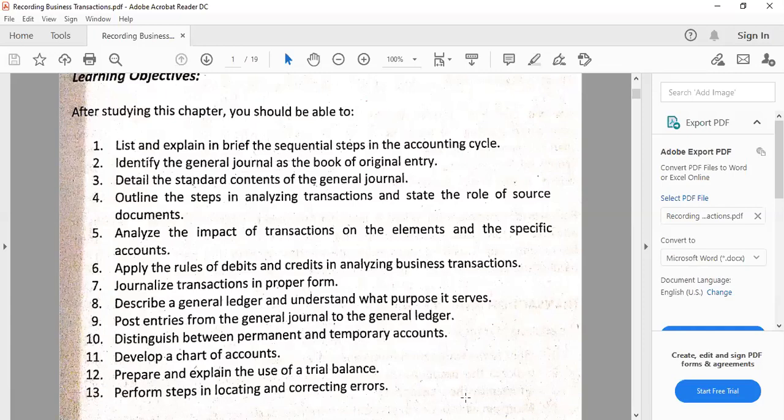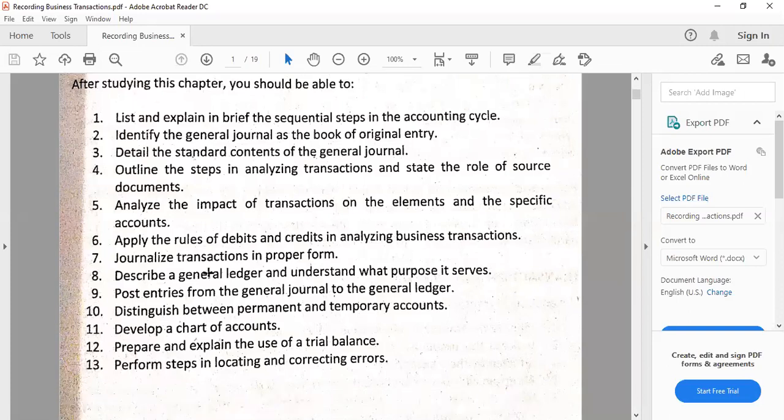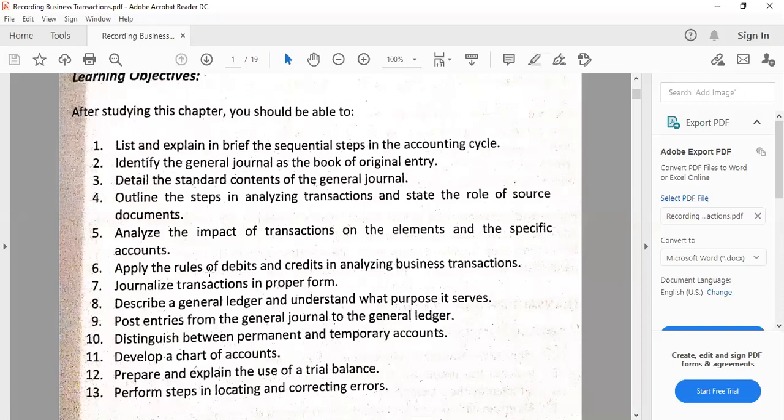Now for the learning objectives, they will serve again as our guides, so that at the end of the chapter we can do the following. We can group them from 1 to 7. We're talking about the recording of business transactions, so let's go in detail.